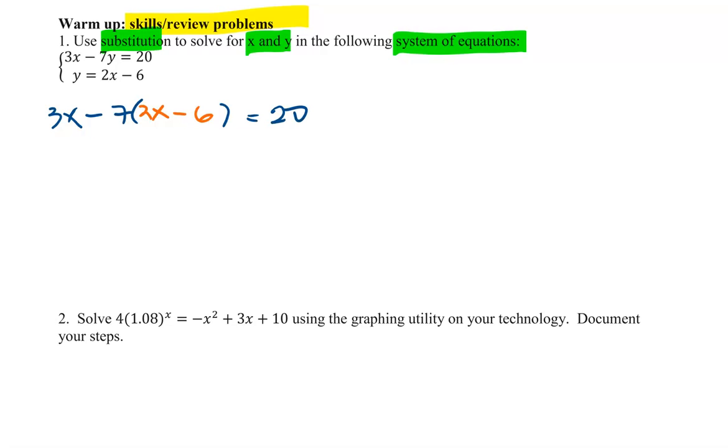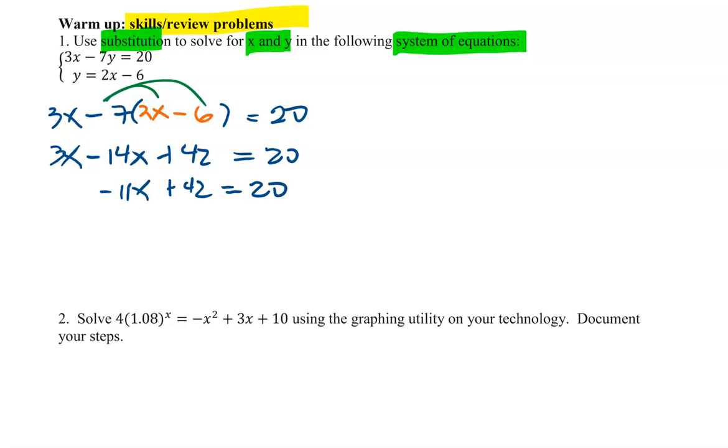And now we'll solve this. Let's distribute negative 7. So that becomes 3x, negative 7 times 2x is negative 14x, negative 7 times negative 6 is 42, equals 20. Then let's simplify this. 3x minus 14x is negative 11x, plus 42 is equal to 20.